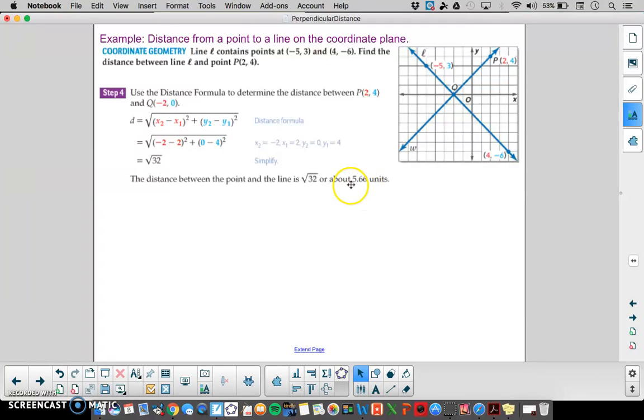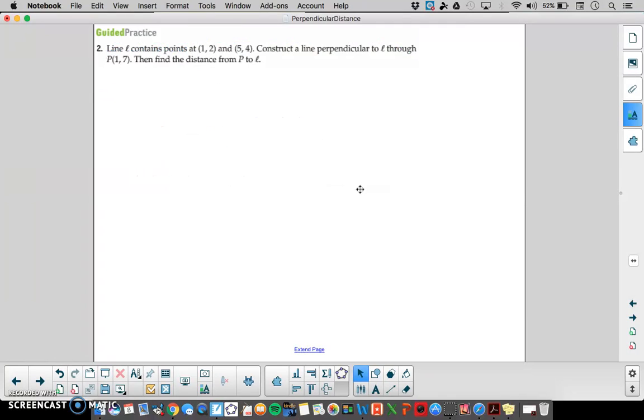We could get the decimal approximation, or we would simplify that square root of 32 to be 4 square roots of 2. So my distance would be 4 square roots of 2 units, or approximately 5.66 units. And we have this guided practice question that I want you guys to try before class.